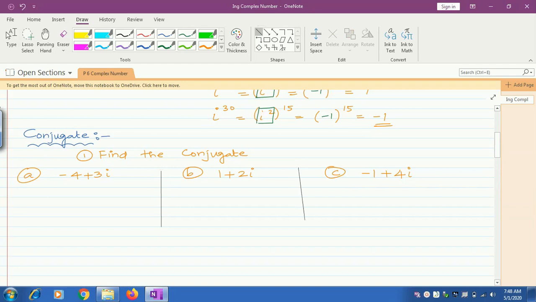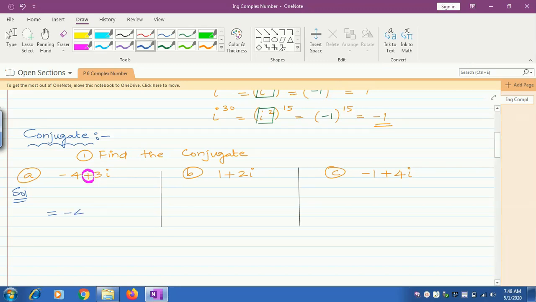So how will you calculate this? Now what is the conjugate of this? Just change the imaginary sign. If plus is present, you write minus. If minus is there, you write plus, the opposite sign.